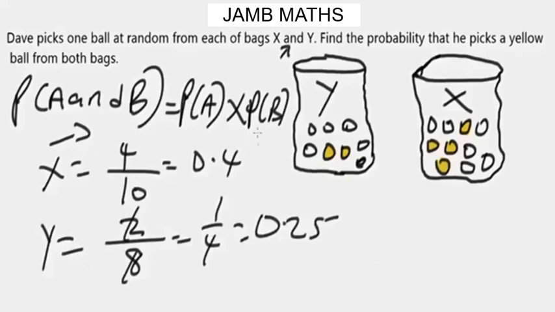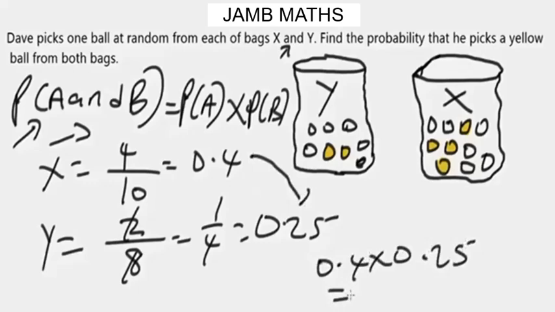Now to get the probability that he picks a yellow ball from both bags, we can apply the formula we have here. It will be the probability of Dave picking a yellow ball from bag X times the probability of Dave picking a yellow ball from bag Y. So it will be this times this: 0.4 times 0.25. When you punch it in the calculator, what do you get?